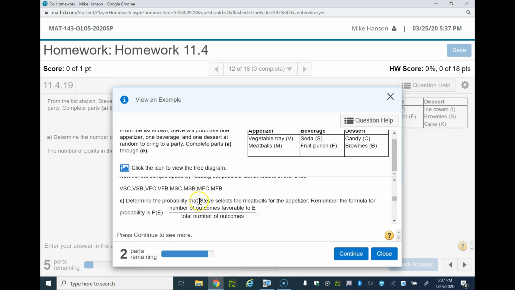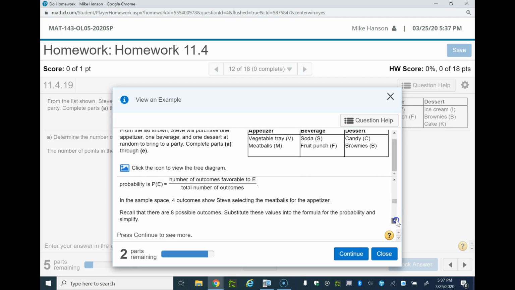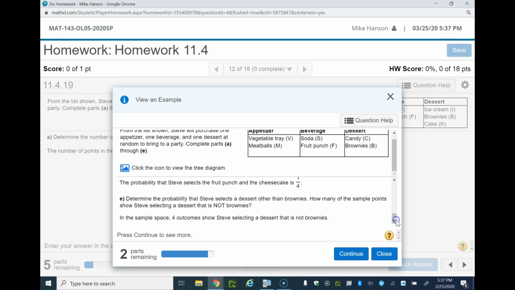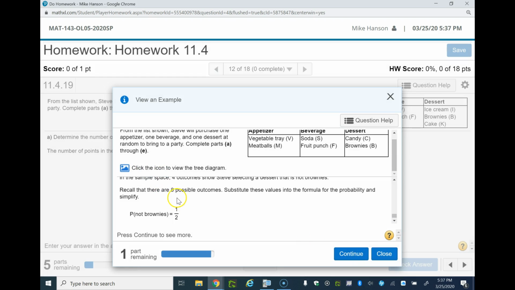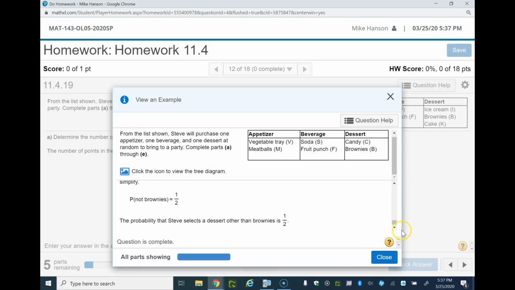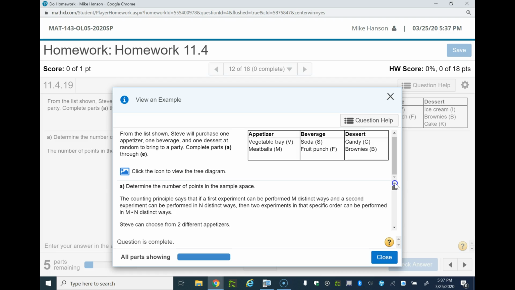When you mark it out, remember, do not select the ones that have B's in it. So there's one that has a B. So 1, 2, 3, 4. So those 4 do not involve a choice of brownies. So that's why we have 4 out of, again, 12. I'm sorry, 8. 8 is the total possibility. So 4 out of 8 reduces down to 1/2. So that's going to be all for this section 4.